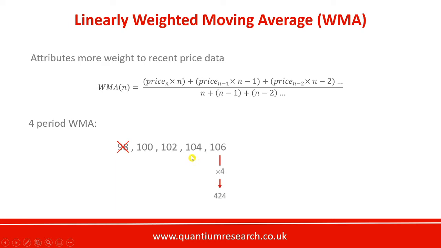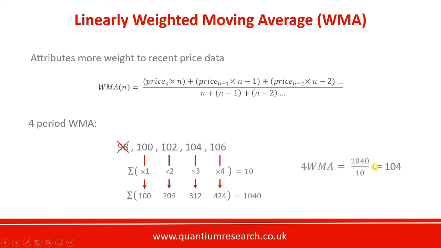By adding the summations together, we get the summation of the weights attributed to the recent price data, with more weight on the most recent point and less on the furthest one away. We get a sum of 1,040, and we simply divide this by the sum of the weighting factors, 4 plus 3 plus 2 plus 1. So by dividing 1,040 by 10, you get 104.